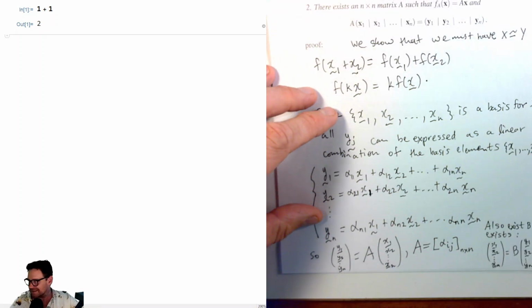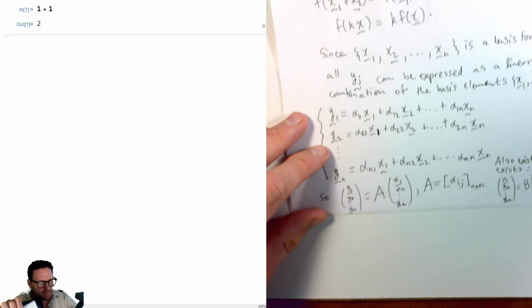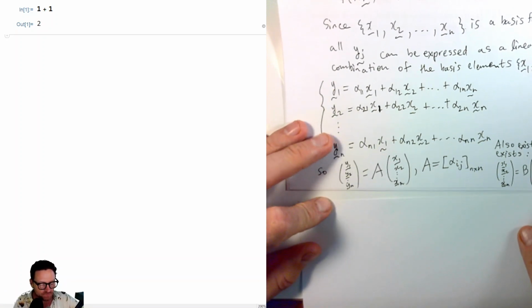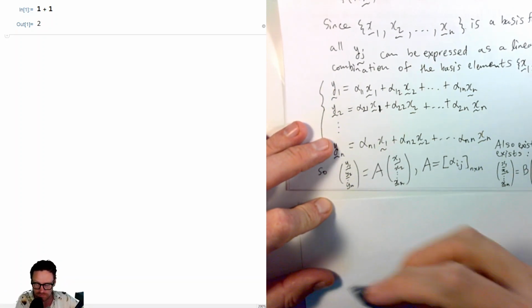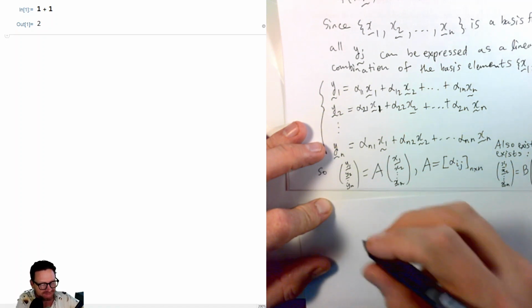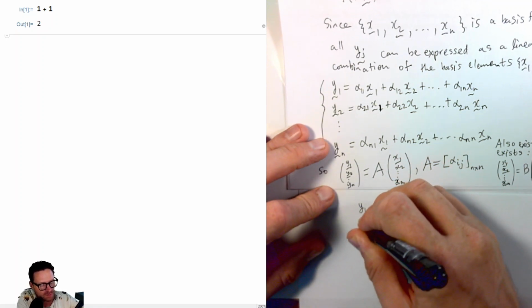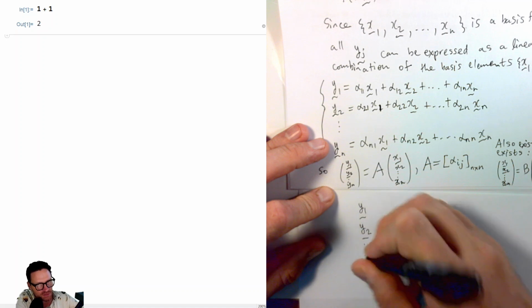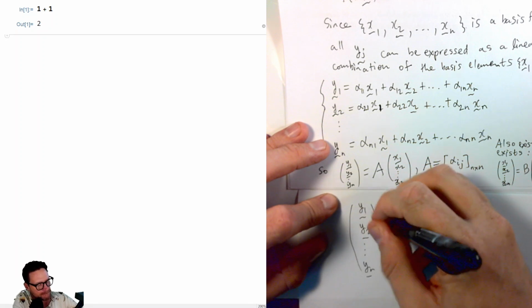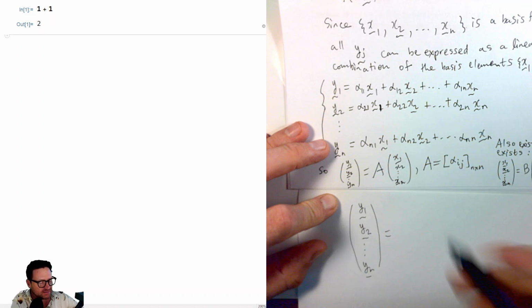Okay, and so what we're going to get then by substitution is that y1, y2, dot, dot, dot, yn equals, now I'm just going to substitute this for this.